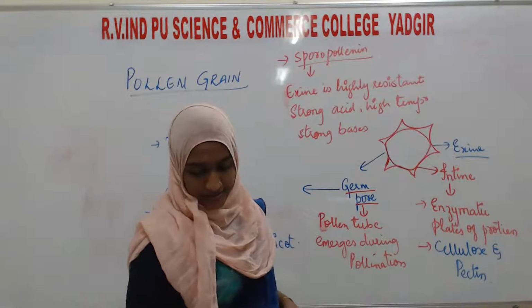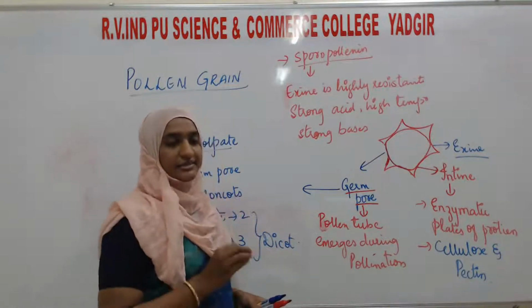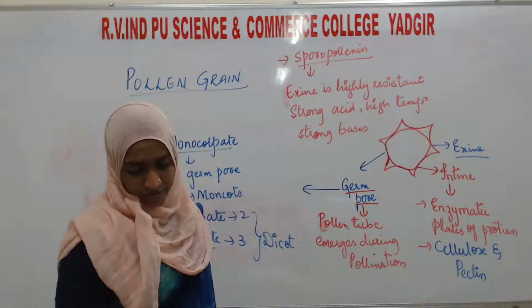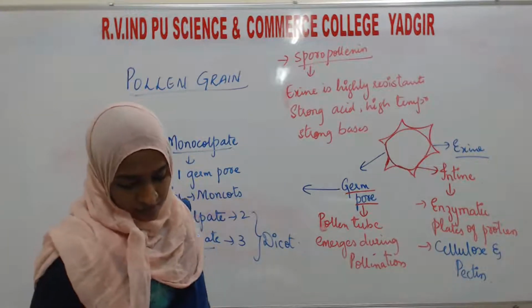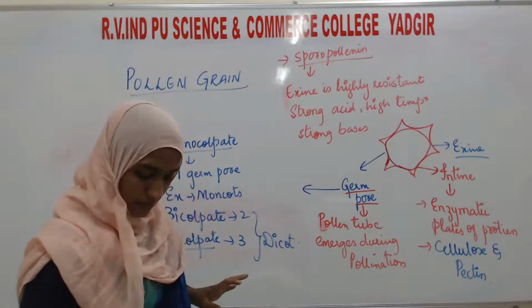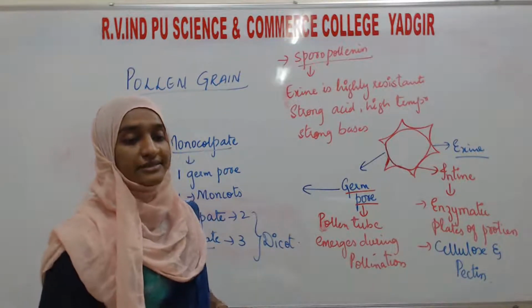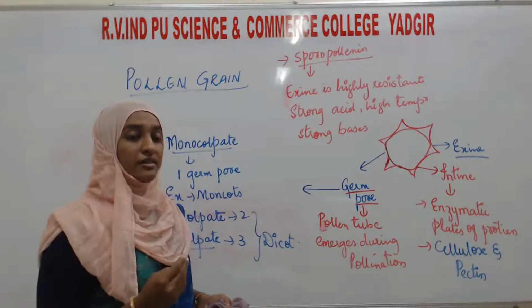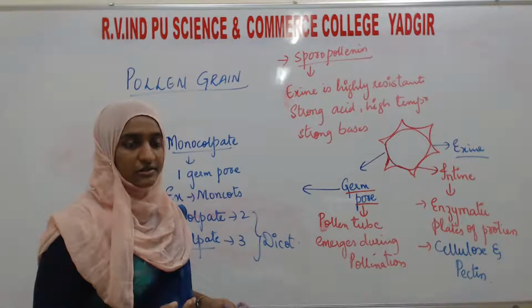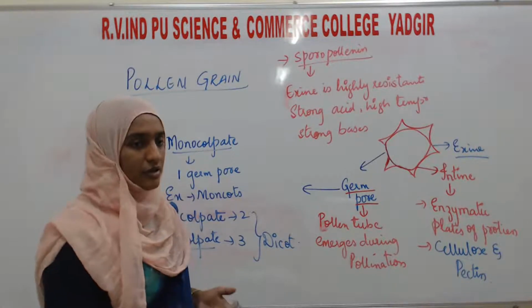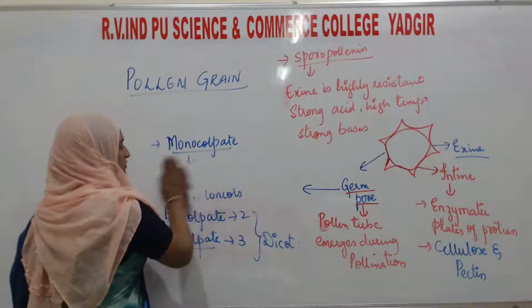Next, the pollen grains divide inside the cytoplasm. First of all, the pollen grains are going to mature inside the anther. When the pollen grain matures, inside that pollen grain the cell is going to divide. Let's see how the division takes place.